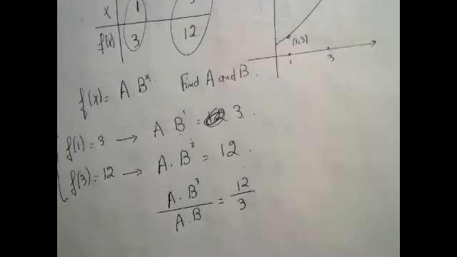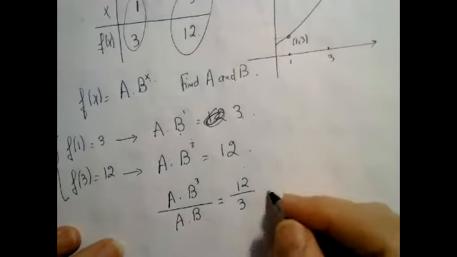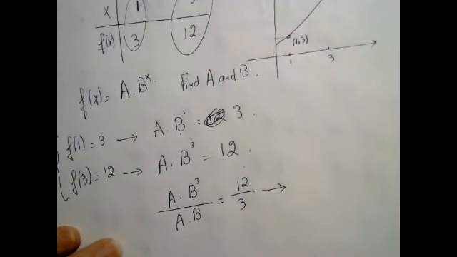What's the benefit? Can anybody tell me what could be the benefit of doing this? I have two unknowns, so usually the idea is to get rid of one of them. What's the benefit? Is it solving for b? Yeah, why will this help me solve for b? Because you're taking the f of 3 and pretty much dividing it by the f of 1, so that will equal 4.